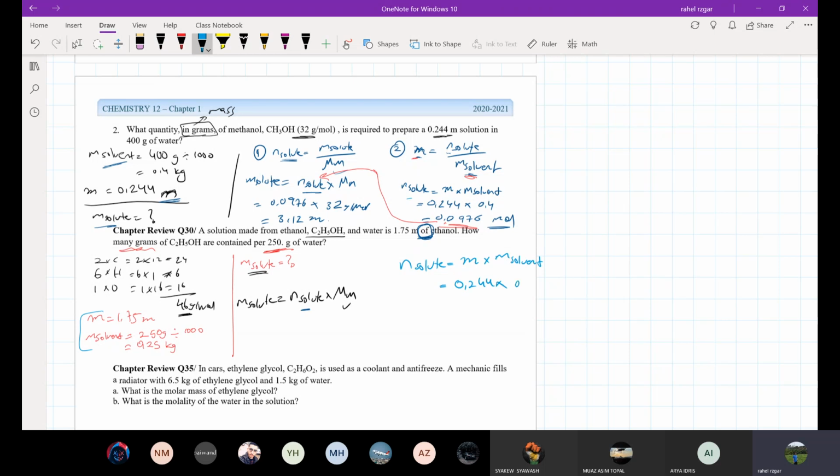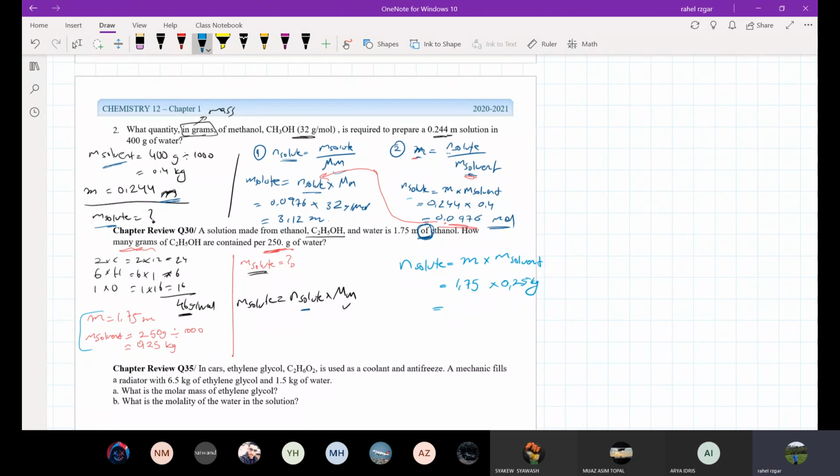What is molality? Mass of solvent is 0.25 kilograms. Sorry, I wrote the same thing, I made a mistake. So we have molality, which is 1.75, times mass of solvent, which is 0.25 kilograms.